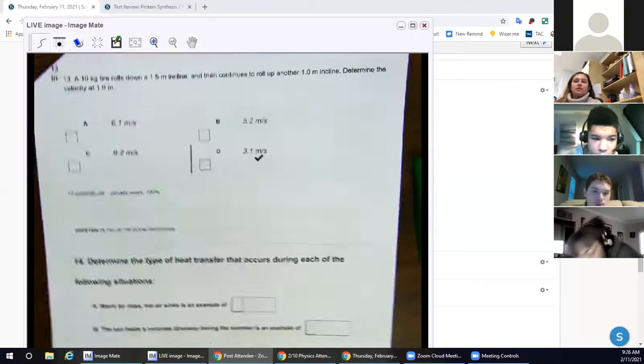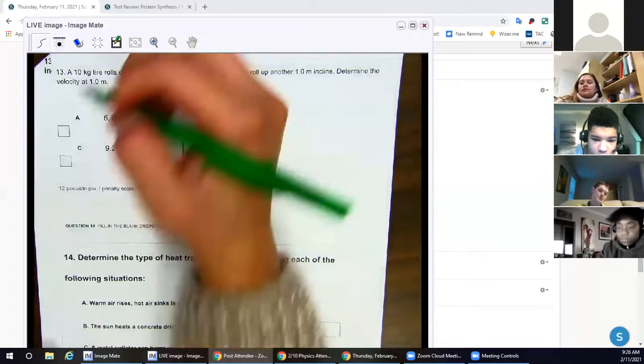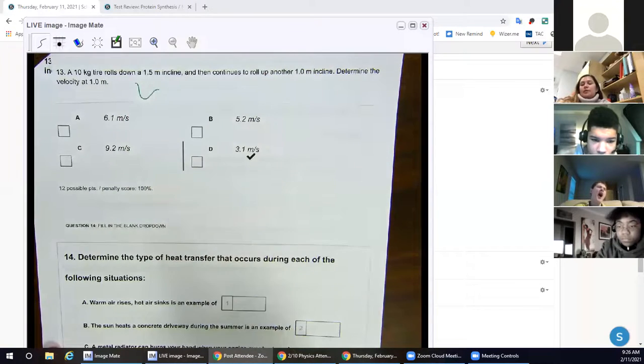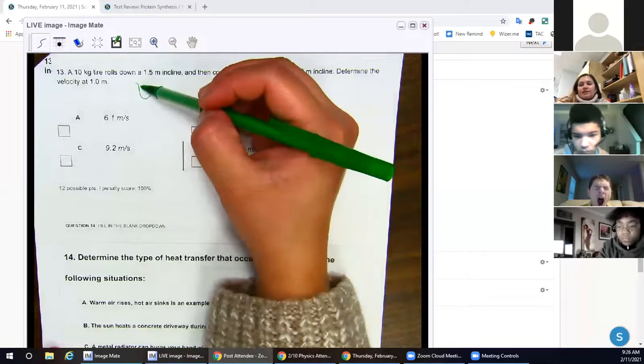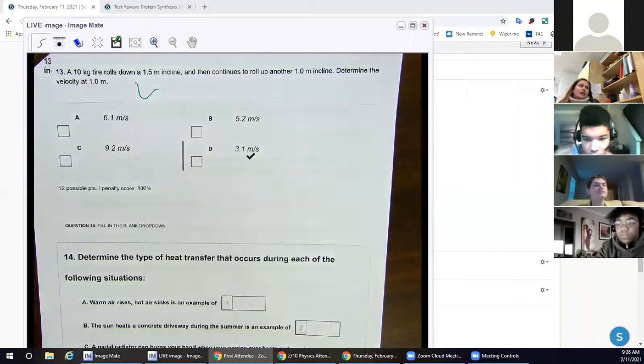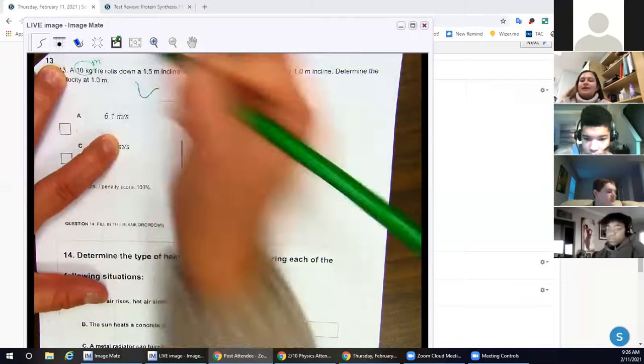Number 13 was the last typo, sort of. So on this one, we're on a hill that kind of swerves. It's like this. So the ball's rolling down, I'm sorry, the tire's rolling down and then it's rolling back up. So that's kind of what this looks like. We have a 10 kilogram tire, that's our mass.